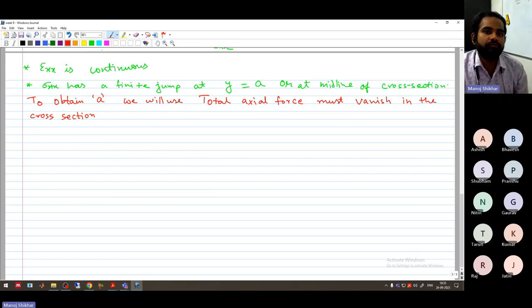And why should it vanish? Because this is a case of pure bending. We are not applying any axial force. So the total axial force must be 0.